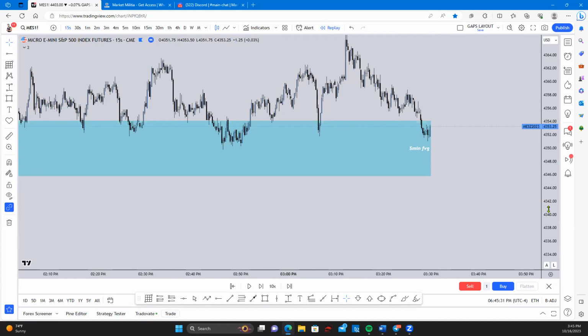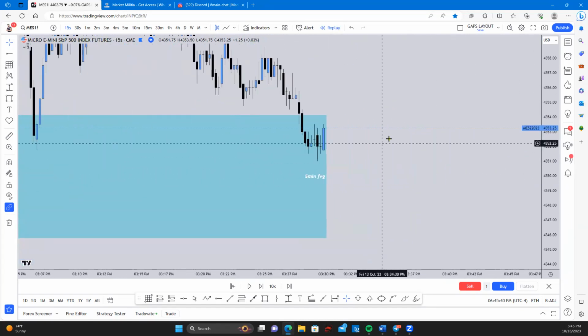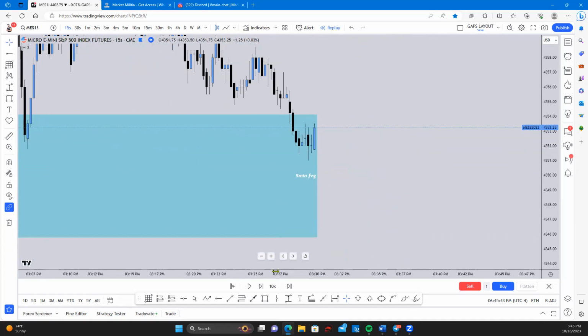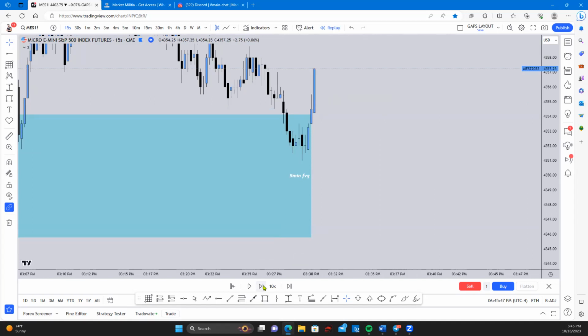We're going to wait for a market structure shift inside of the 5-minute on the 15-second chart. There's some nice displacement there.